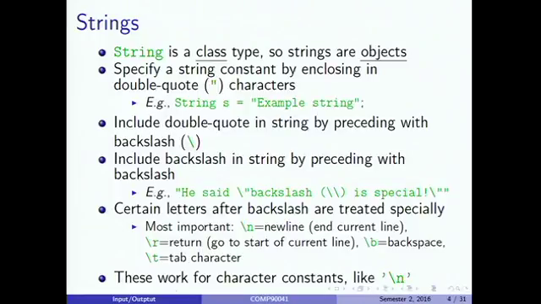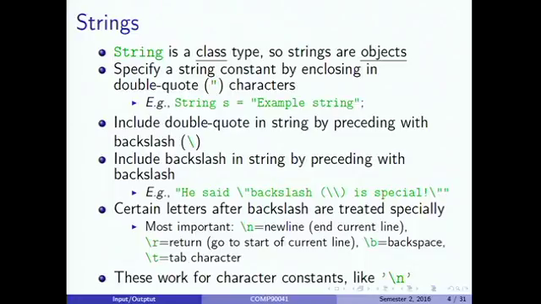Okay, so in addition to protecting backslashes and double quotes, backslash has another function. If you follow it by certain letters, it has a special interpretation as special characters that are hard to write in your actual file. So for example, backslash n, that's the most common one.